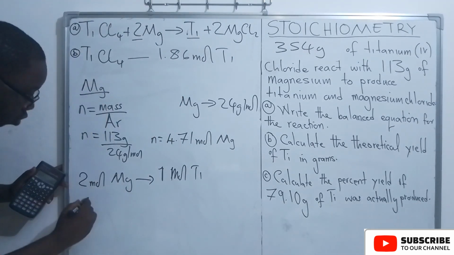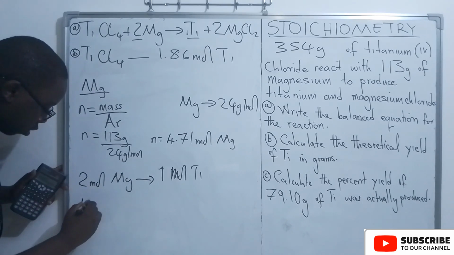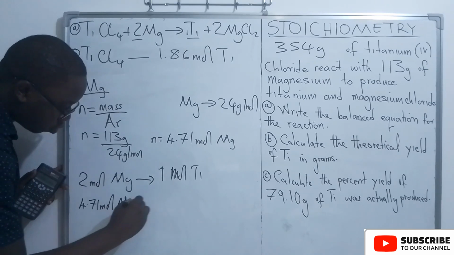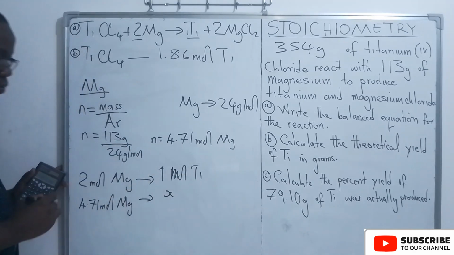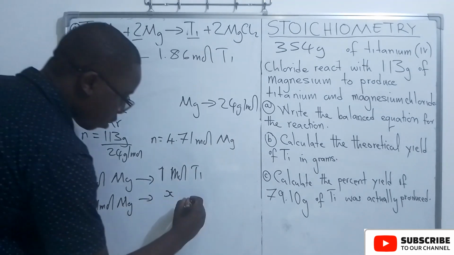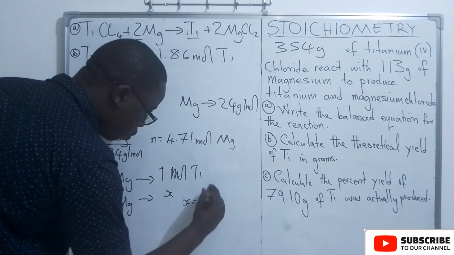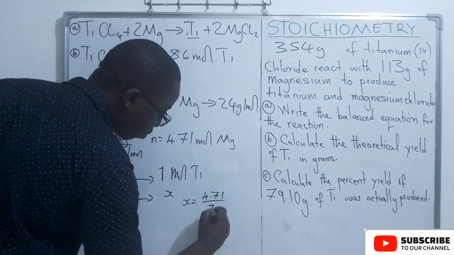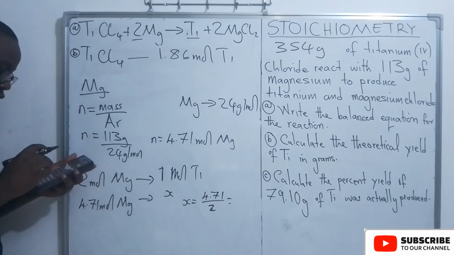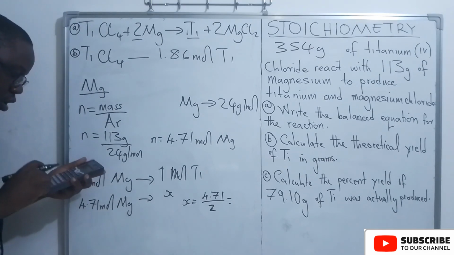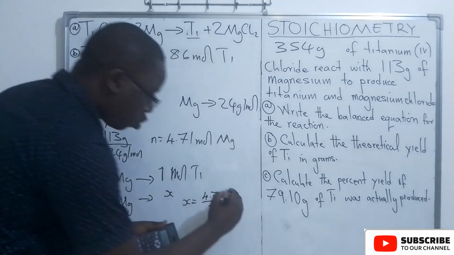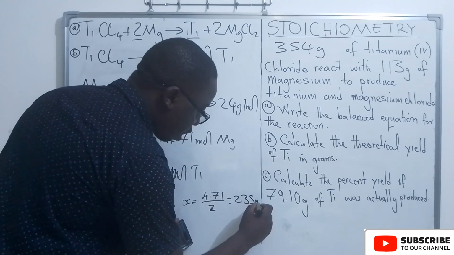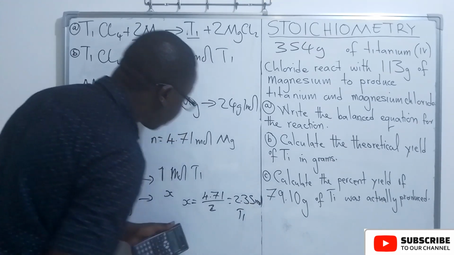So what if 4.71 moles of Mg is used? X is equal to 4.71 divided by 2, which gives us 2.35 moles of titanium that can be produced.